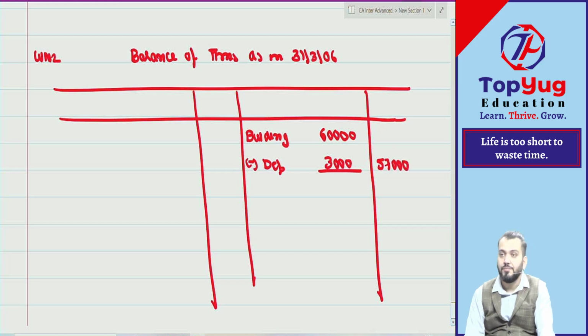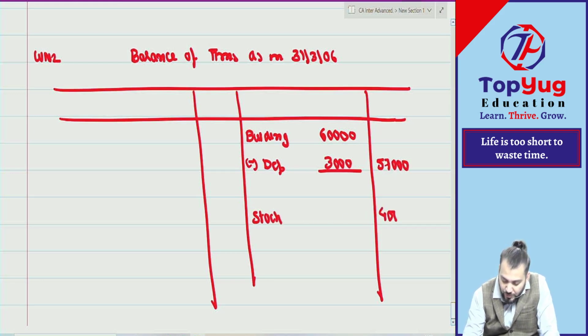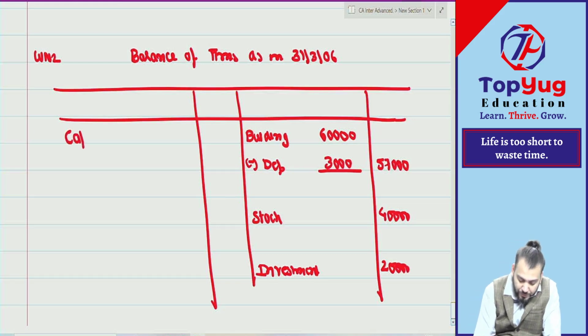Have you understood this? Then stock, how much? 40,000. Then they have given investment, how much? 20,000.